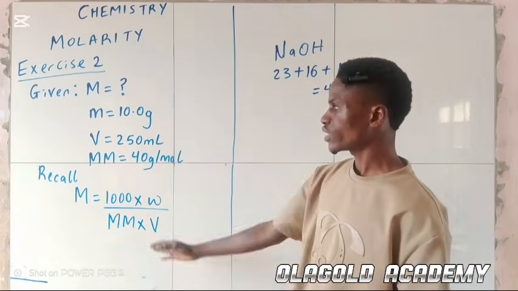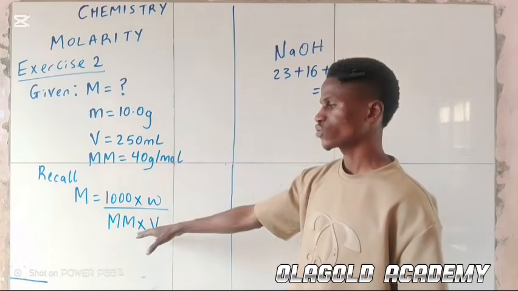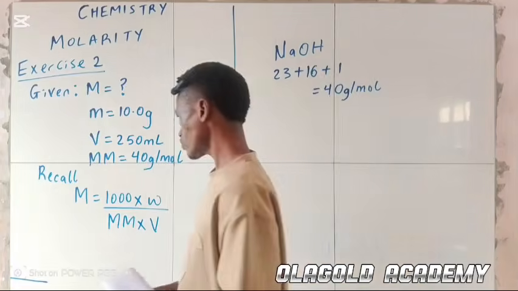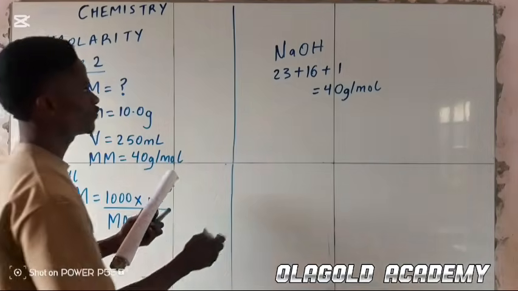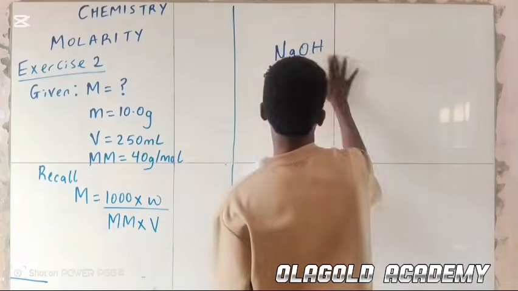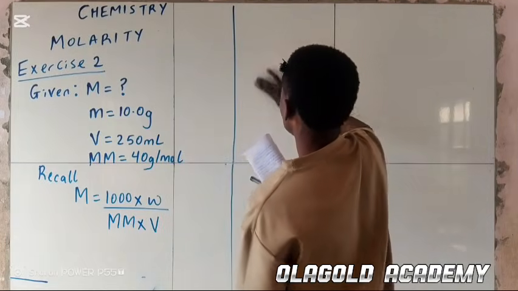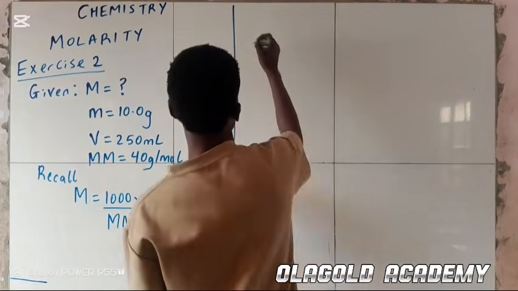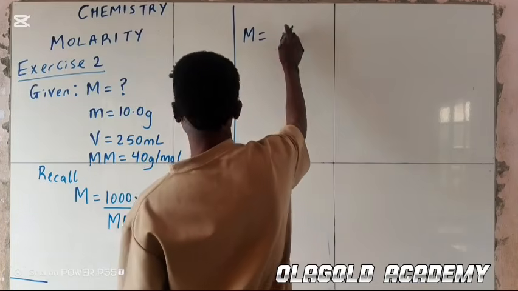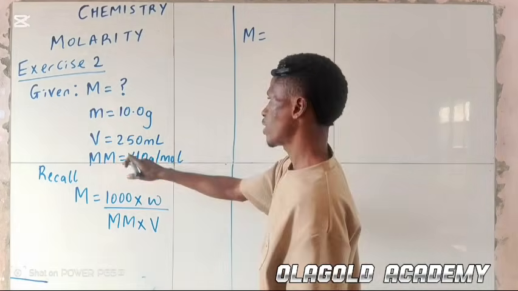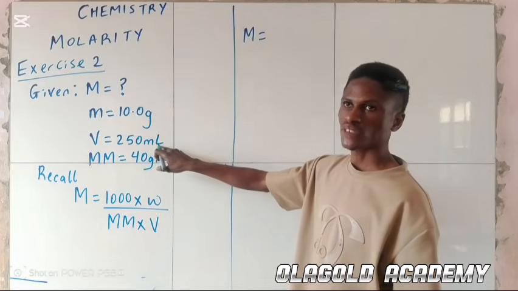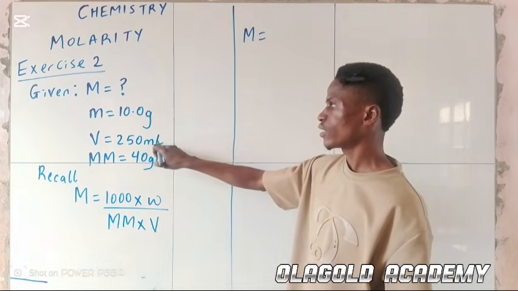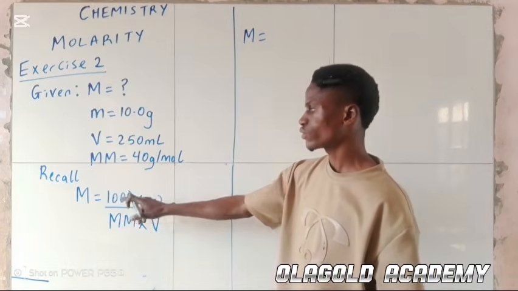Let's see how we're going to apply the formula here. Molarity equals, since I'm making use of milliliter, I'll use the 1000 here.